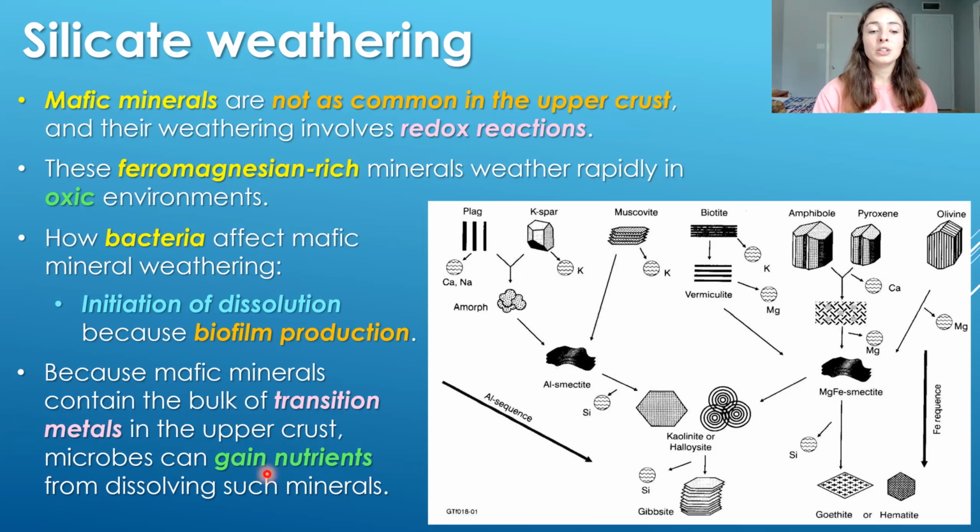Why is that important? Well, transition metals are very important nutrients, and in some cases limiting nutrients for life and microorganisms and macroorganisms as well. And so to get the transition metals, bacteria try and produce these biofilms on the mafic minerals to gain nutrients from them, or the transition metals from them, by promoting dissolution of the minerals.